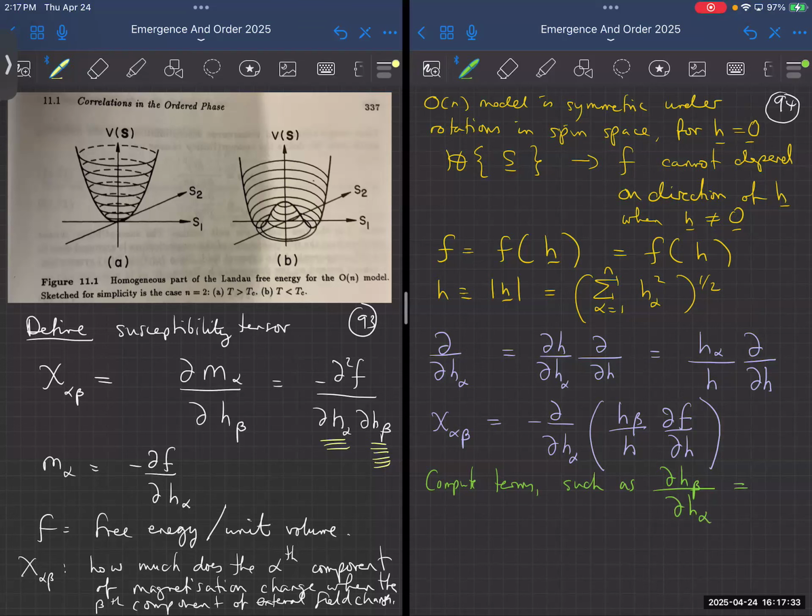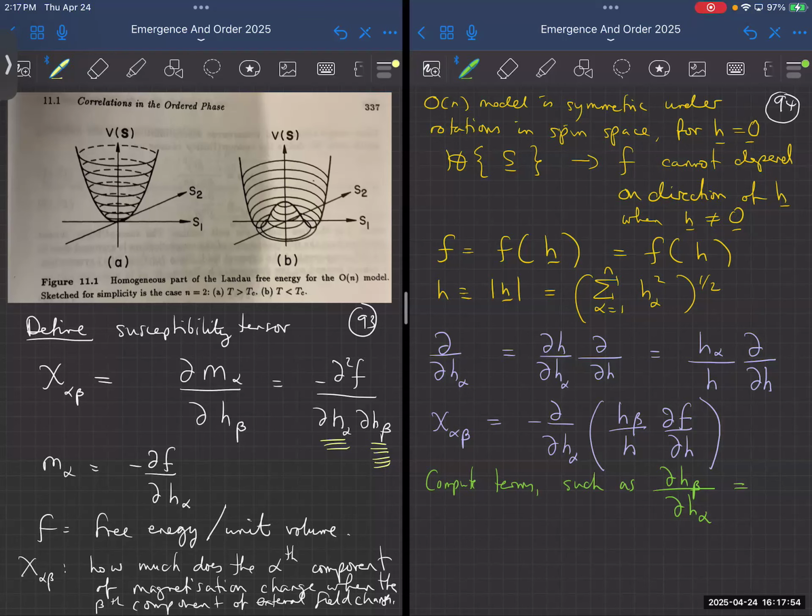And what does this thing equal? So some of you know the answer, and some of you don't know the answer. Work it out.